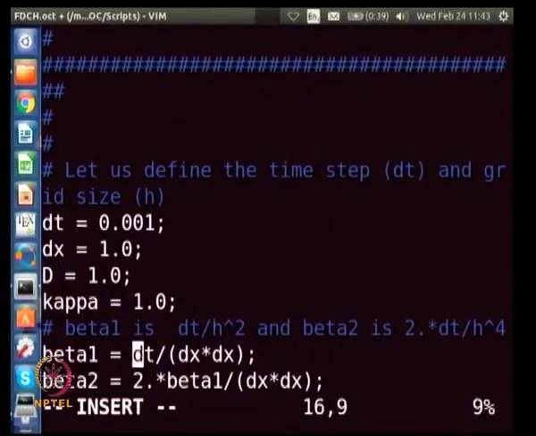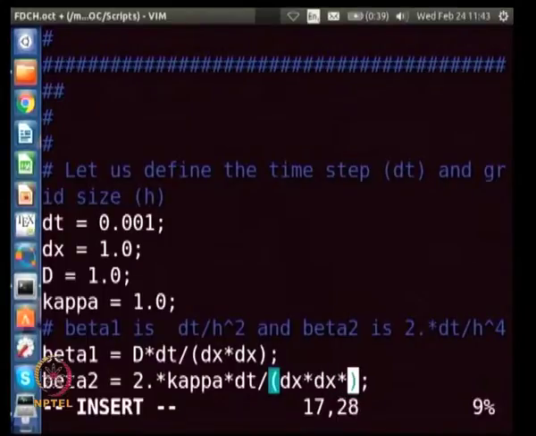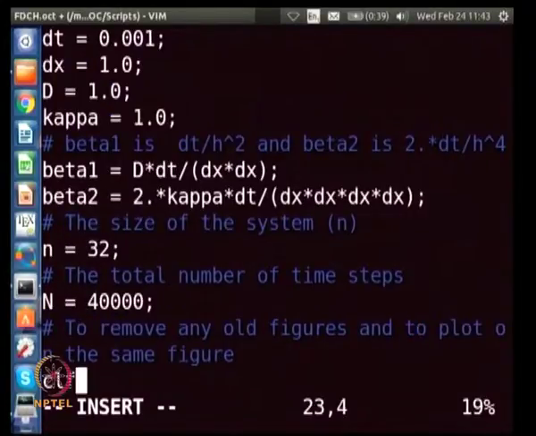So, this is d into dt, and this should be 2 into kappa into dt by dx into dx. To make things simpler, I again take 32 grid points and 40,000 time steps.